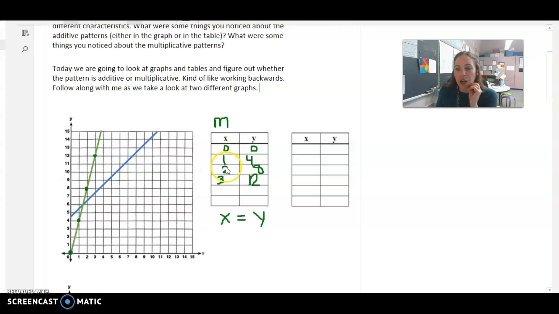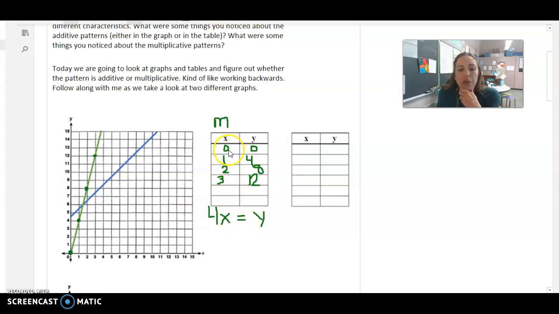Because whatever I multiply 1 by, I'm going to get that answer, right? So we know that if x is 1, then y is 4. So the only logical explanation that we could be multiplying everything by would be 4. And let's just make sure that the rest of our x values follow that rule.